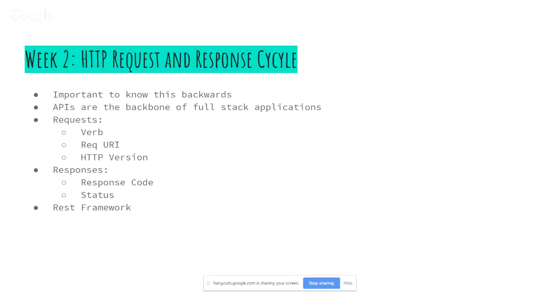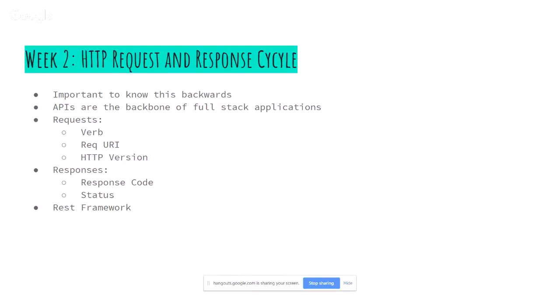the HTTP request and response cycle, and we stressed how important it is to really understand how an HTTP request is created, so basically the anatomy of one as well as of a response.